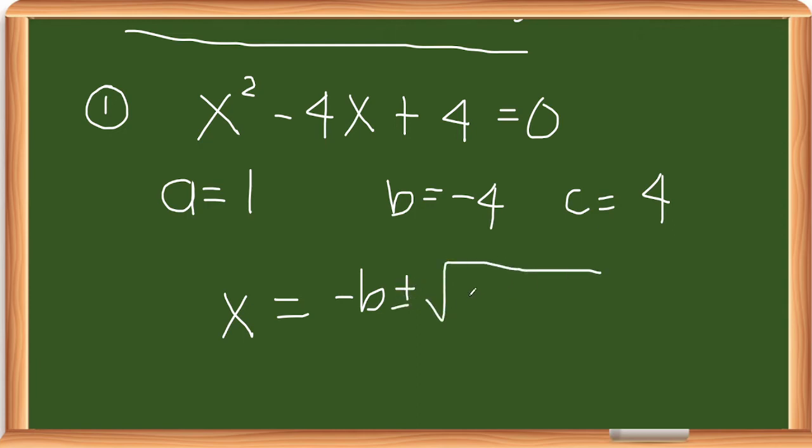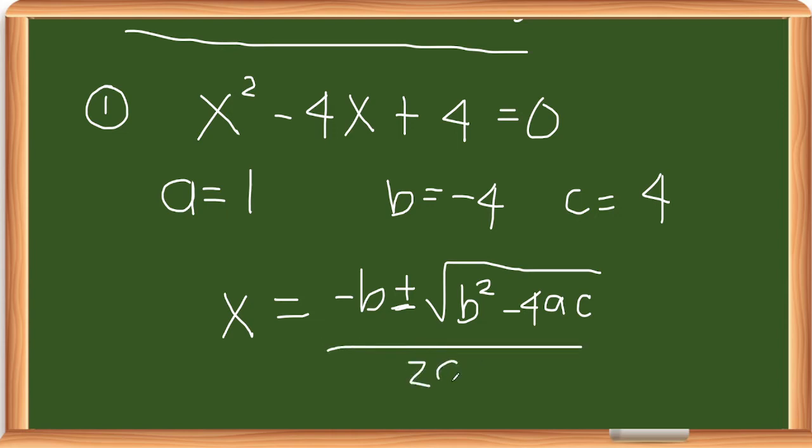Very good, Lara. So, natatandaan mo pa, no? So, negative b plus and minus. Kaya sa plus and minus kasi square root yung kasunod niya, no? Yung value, I repeat, the value ng square root is always may positive and negative value. And b squared minus 4ac all over 2a.